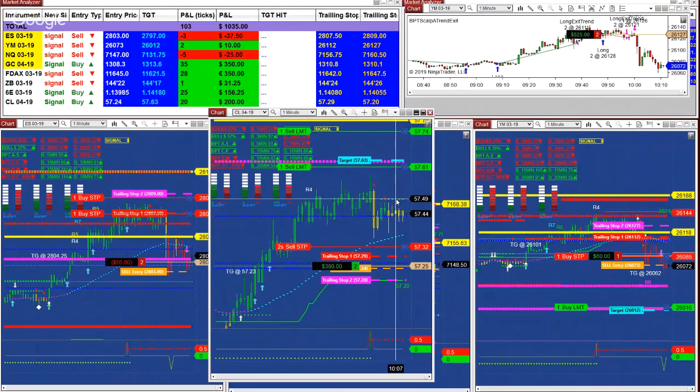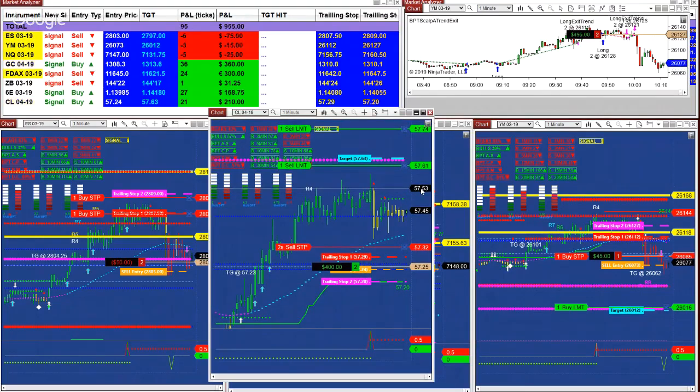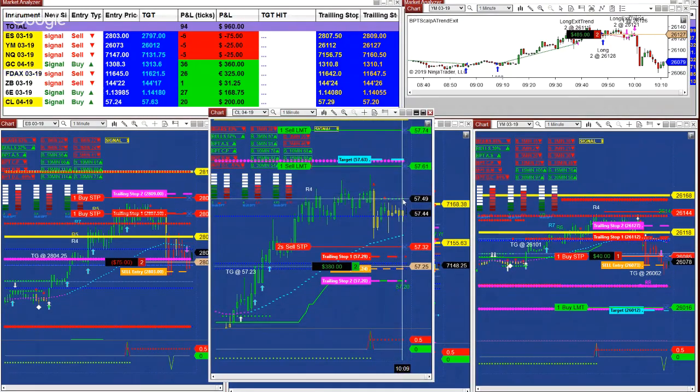So we will be looking at it to see if this CL is trying to climb to the 57.49 and it got projected, then maybe we need to consider taking at least one of the trades out and leaving one trade. Maybe it is able to break this 57.49.